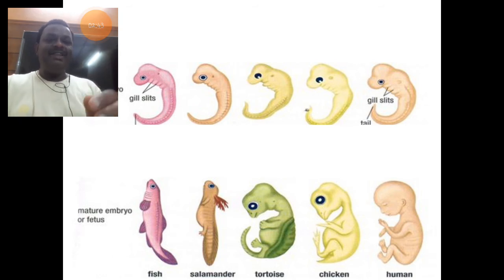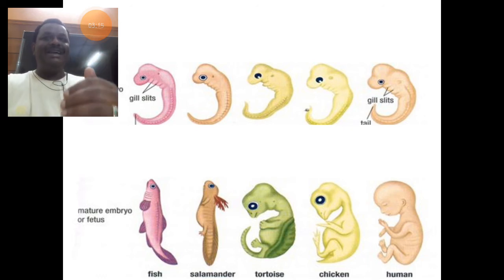You can see here in the picture, the first towards the left side indicates the embryo of the fish. Similarly, the second one is of salamander, third one of tortoise, fourth one of a bird, chicken, and fifth one the human beings, the man.